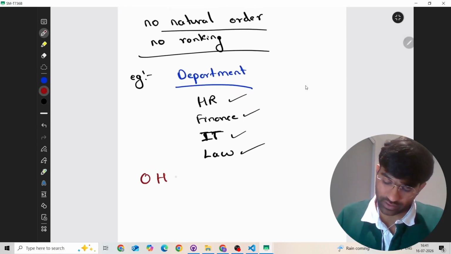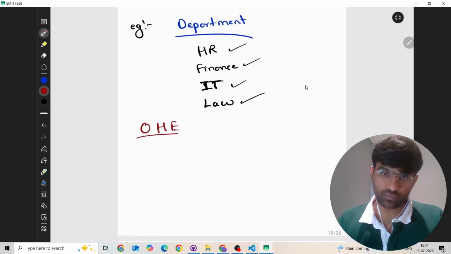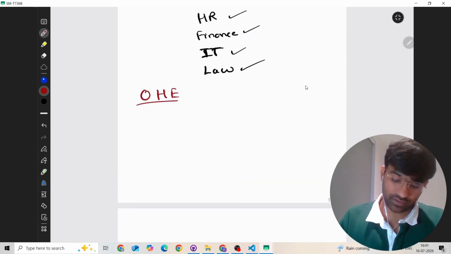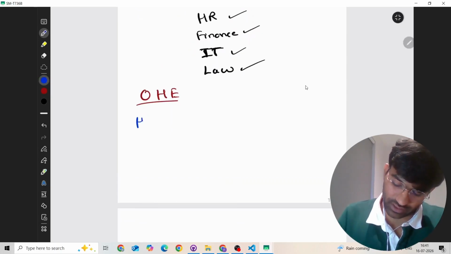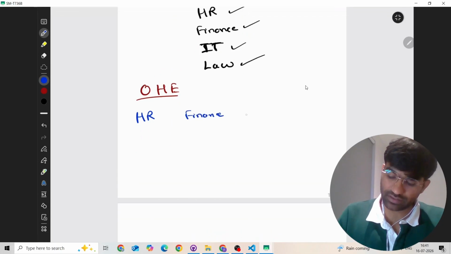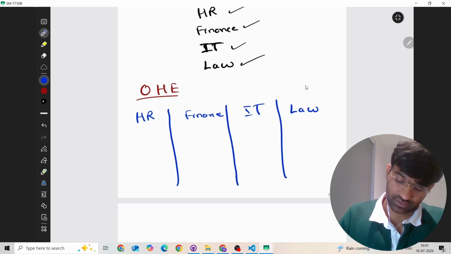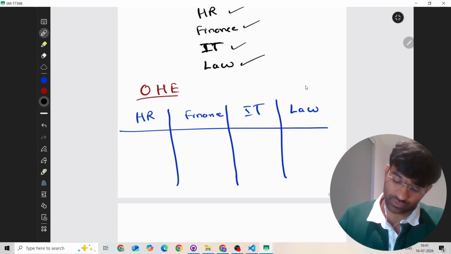One hot encoding. What this does is, for every categorical value, it will create a separate column. For HR, it will create one column. For finance, it will create another column. For IT and for law, it will create one column each. If the value is HR, it will put 1 here and the rest all are 0.